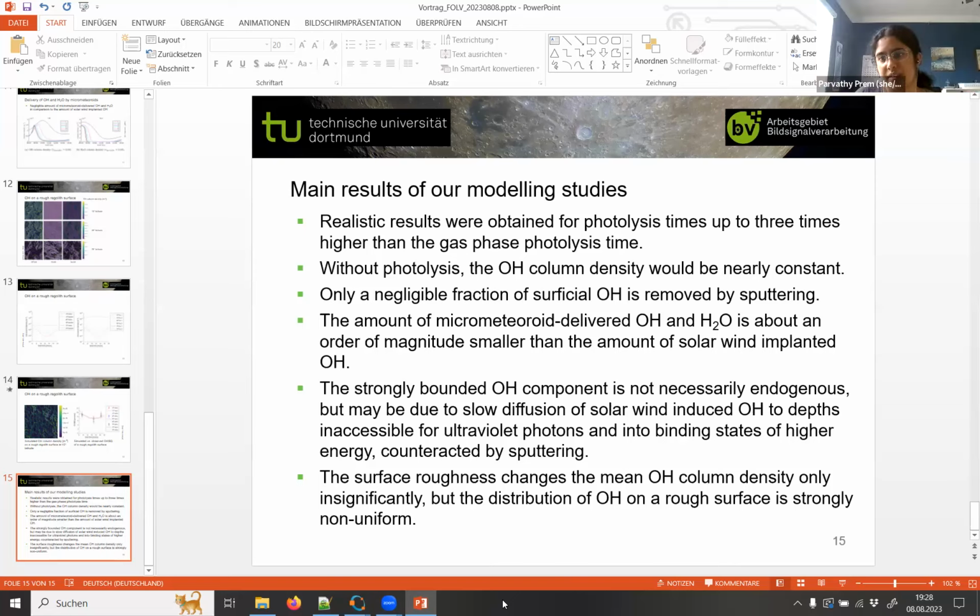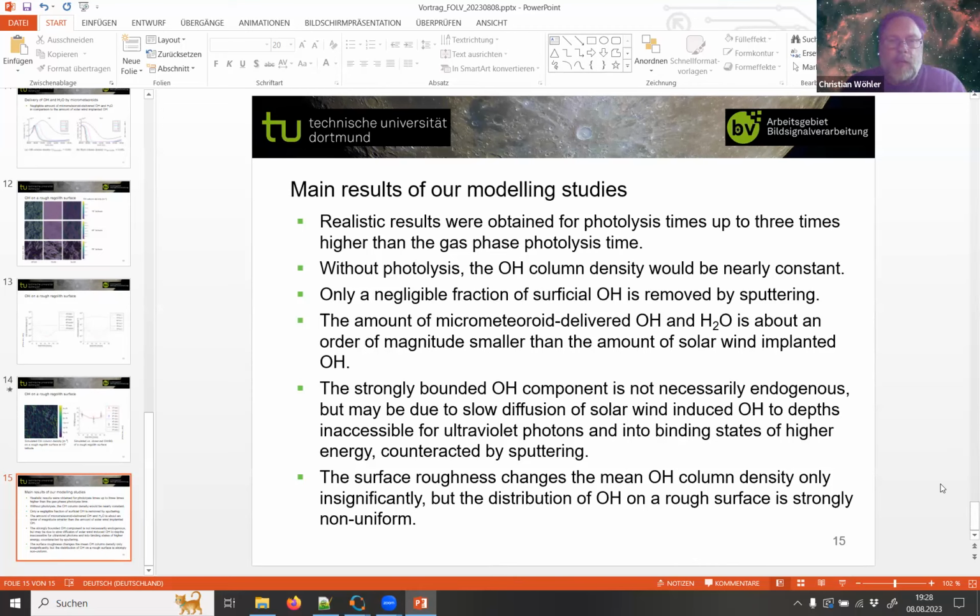Okay. And Carly Peters has a question in the chat. Carly asks, what does happen during the night in our model? In our model, let me think, nothing, but only delivery of hydroxyl and water by micrometeoroids.